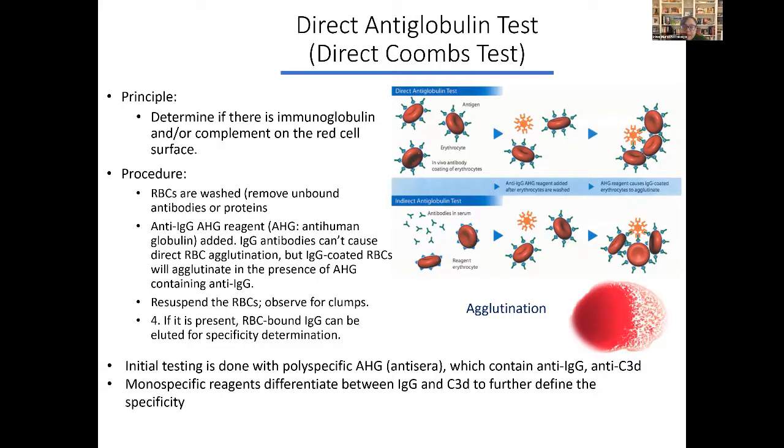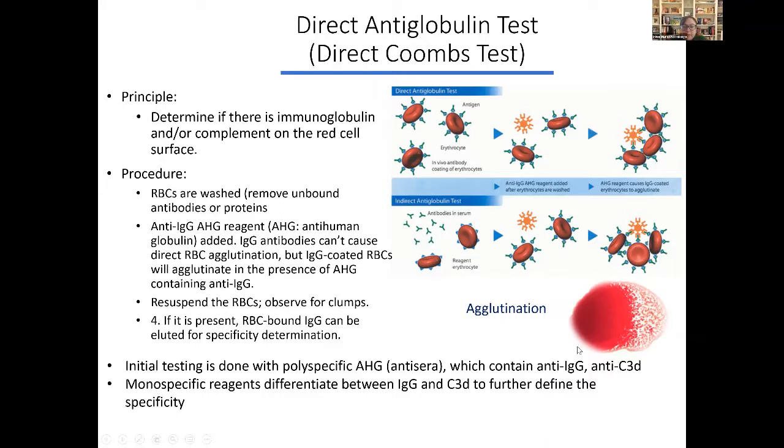As I've mentioned, this is a test to determine whether there are antibodies present on the surface of red cells. You take the red cells, you wash them, and you add anti-human globulin reagent, which cross-links the antibody-coated red cells, and you see agglutination, which looks like little clumps.